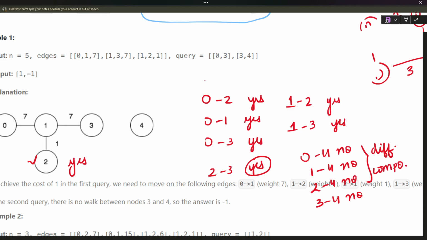Okay. And why can we go here? Same. So this means that if we are in the same component, we can go, right.